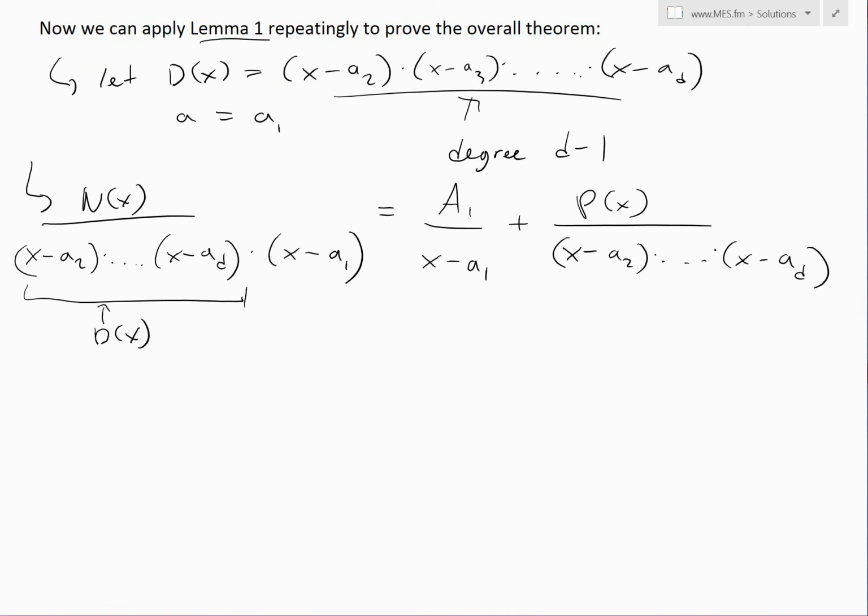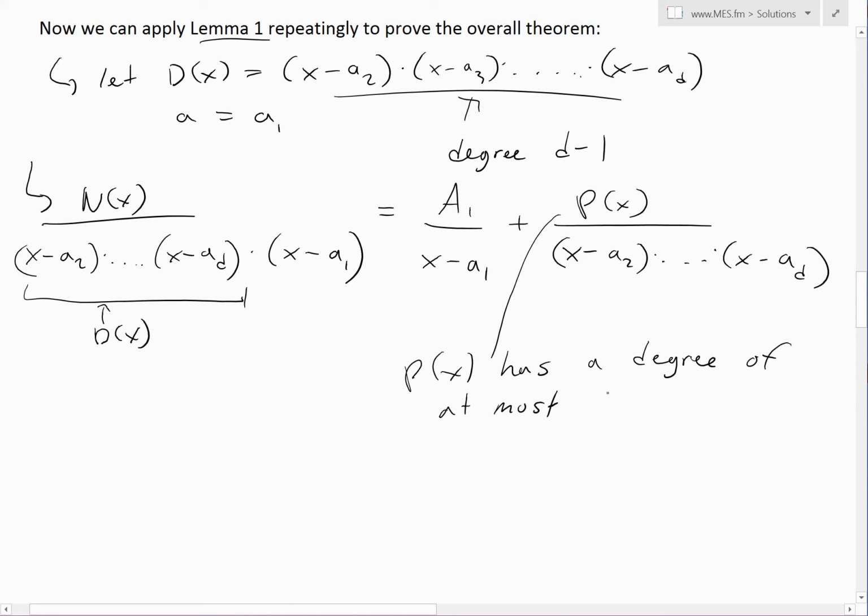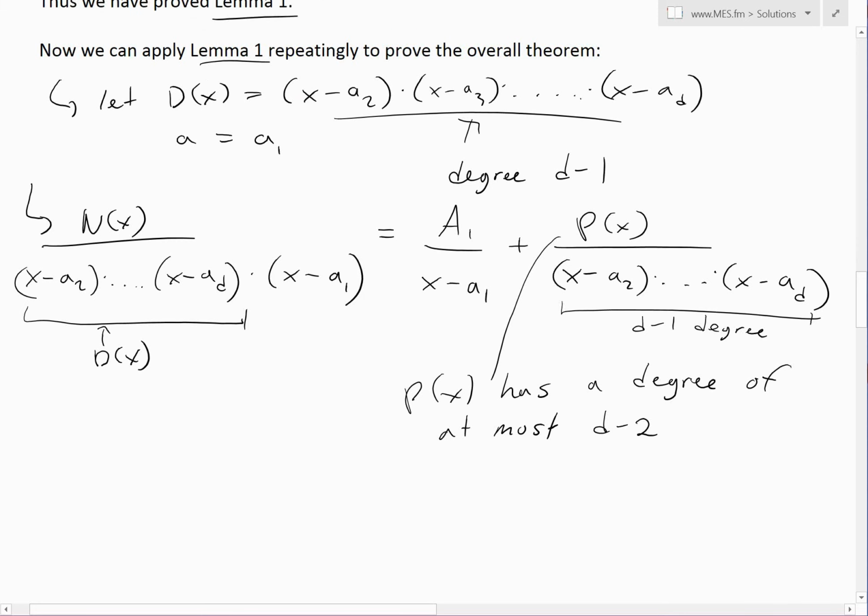Now the degree of p of x right here is at most d minus 2, because the degree of d in this case is d minus 1, so this has to be less than d minus 1, so at most d minus 2.